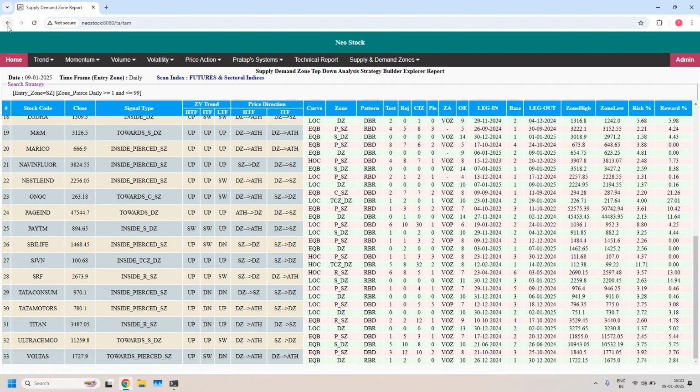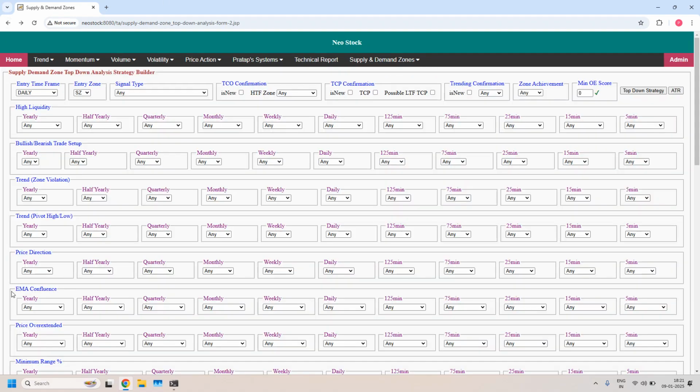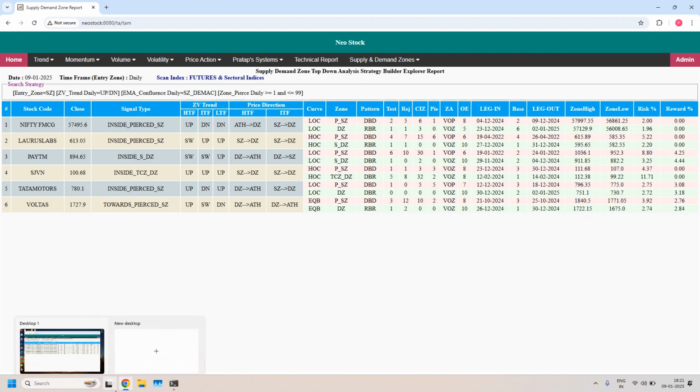Let's verify. So in the EMA confluence, at a daily time frame, I am setting the filter daily supply zone having daily EMA confluence, and trend should not be sideways on daily time frame. So I am selecting up or down. Let's filter. We got 6 stocks. So these 6 pierced supply zones are having EMA confluence.